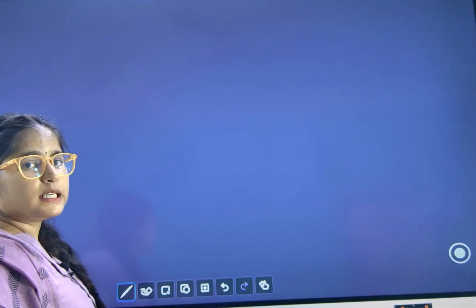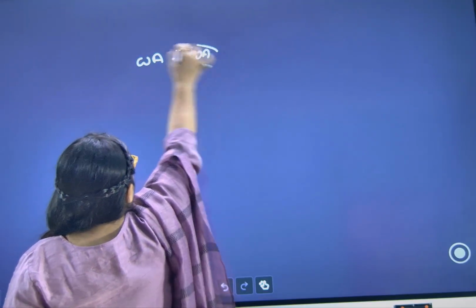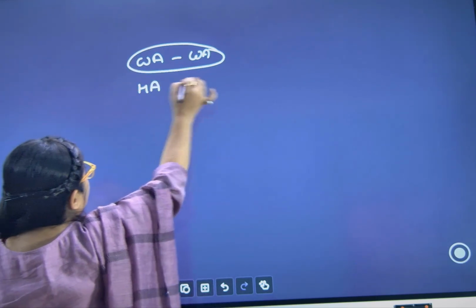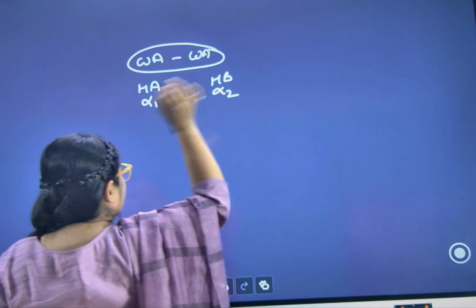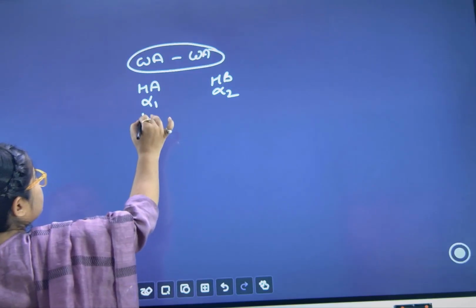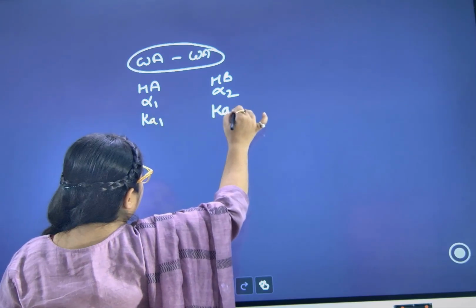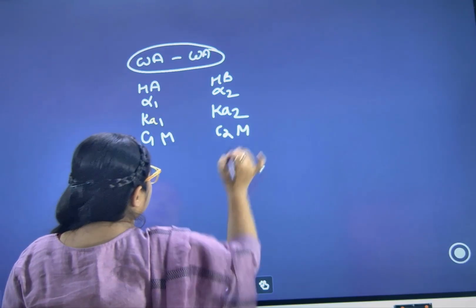Okay, fine. So let us see here the mixture of weak acid with weak acid. Let us take here weak acid HA and here weak acid HB. Here alpha 1 degree of dissociation, here alpha 2, because partial dissociation will be there because it's a weak electrolyte. Let's say here Ka1 dissociation constant, here Ka2. Let's say here concentration C1 molar and here concentration C2 molar.